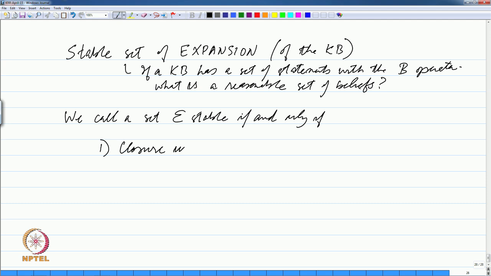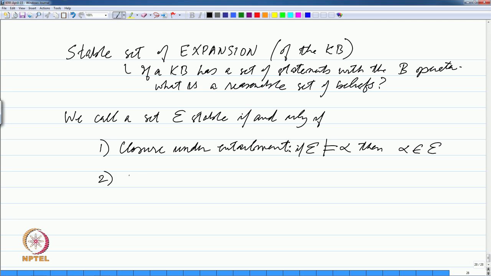One is closure under entailment, which basically says that if the expansion or the set entails a formula alpha, then it must belong to the extension. So, it is closed under entailment. If you can derive something, then you should add it to your set of beliefs essentially.